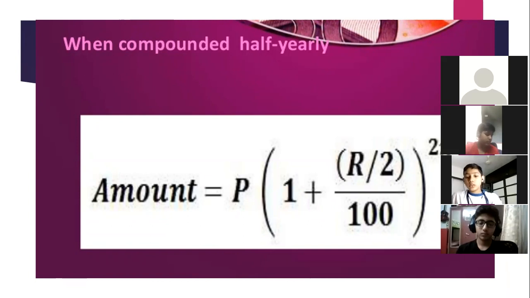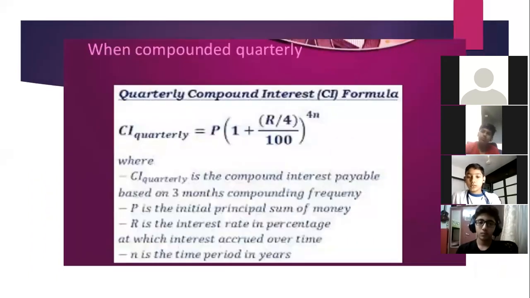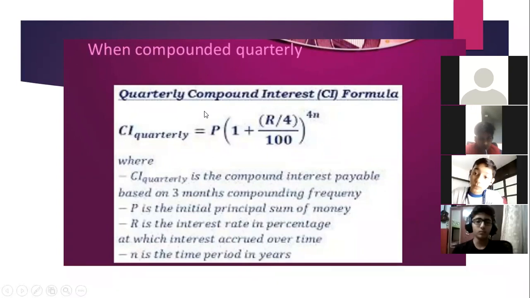Okay, now we move on to the next one. This is when your compound interest is calculated quarterly. Quarter means 4. In a year there are 12 months, and if I have to calculate my interest 4 times in 1 year, that means after every 3 months I am calculating the interest. First 3 months, I calculated the interest and added it to the initial principal.